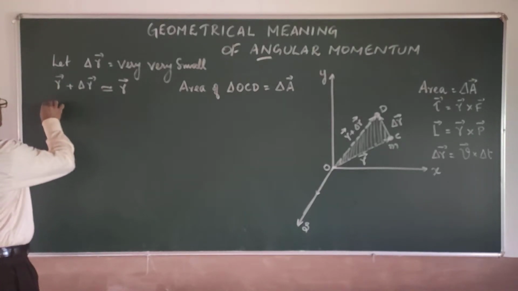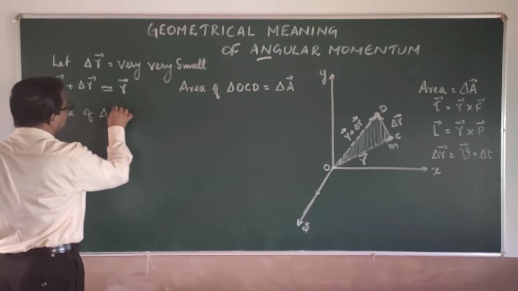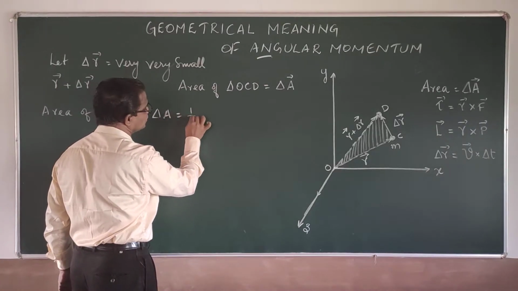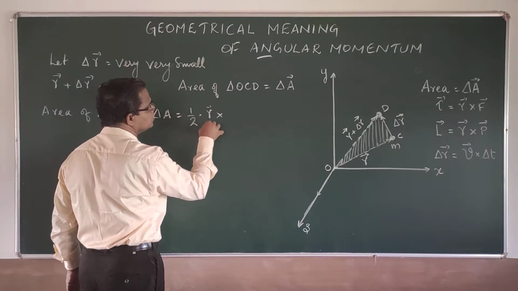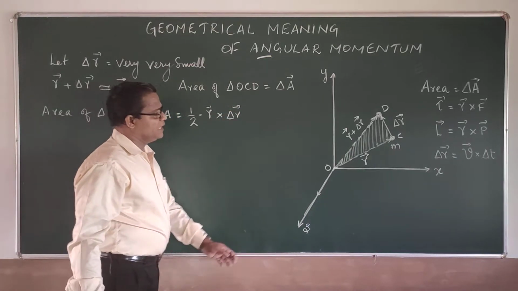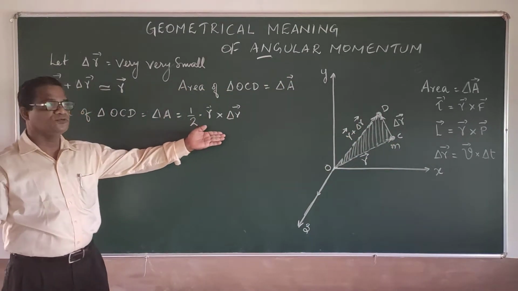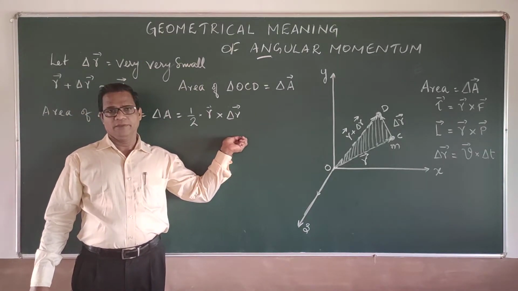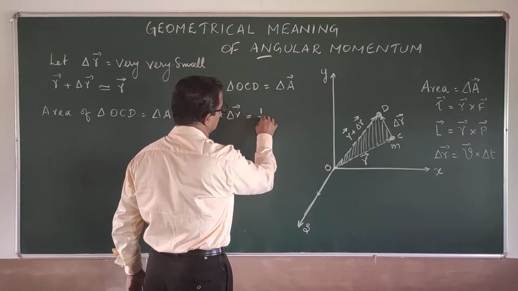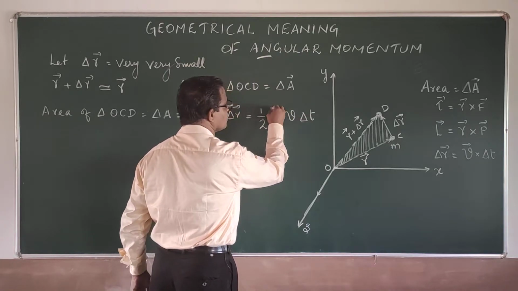Since OCD is a triangle, the area is half into base into height, that is, half into delta r into the height, which is r. Substituting for delta r, this equals half into r into v into delta t.